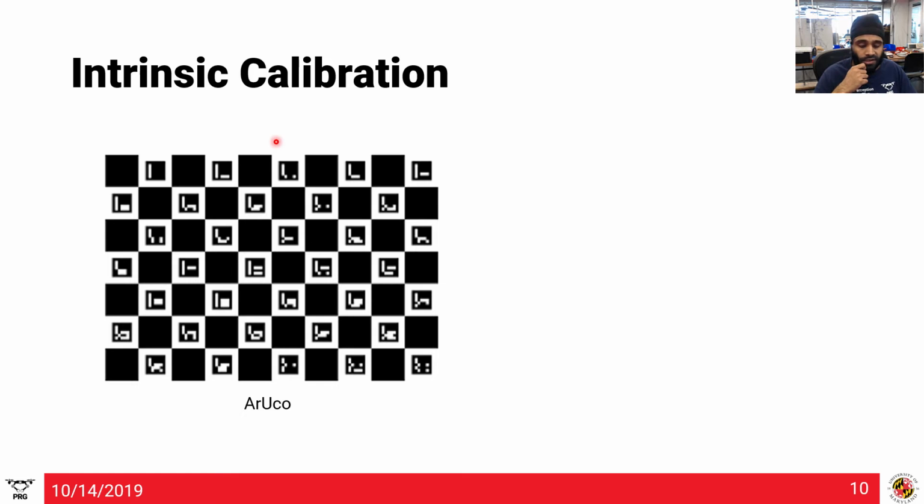Again, one more important thing to note is that your calibration depends on how accurate your printing is. Let's say you printed a checkerboard on US letter size versus a huge 10 meter by 10 meter checkerboard. You will get much more accuracy with the 10 meter by 10 meter. Another thing to understand is, when you're printing these checkerboards, make sure you're not scaling them.